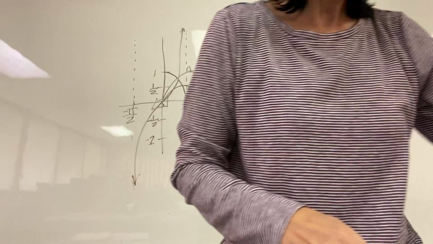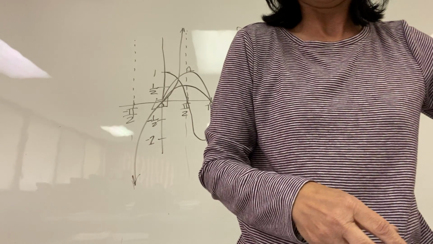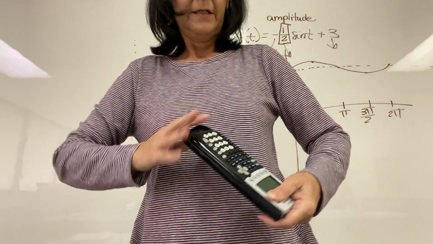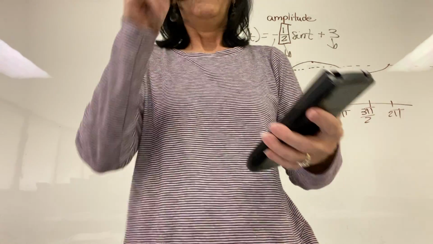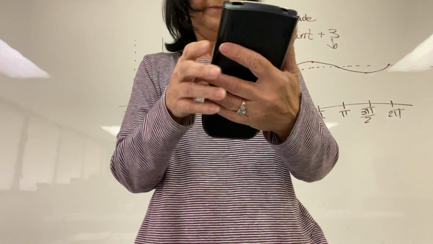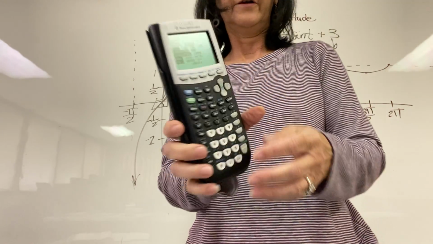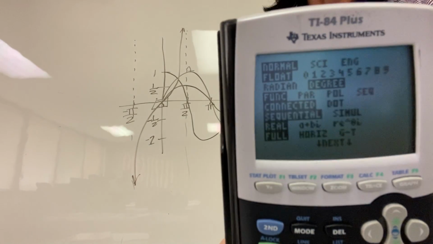All right, so in our calculators, I'd like for us to graph a couple of things to get you familiar with graphing. All right, first, everybody change your mode on your calculator to radians.